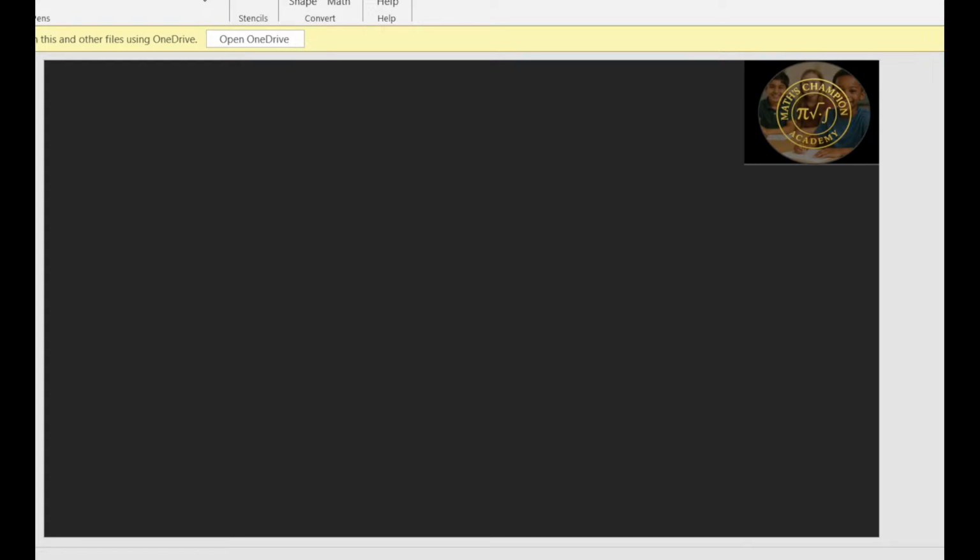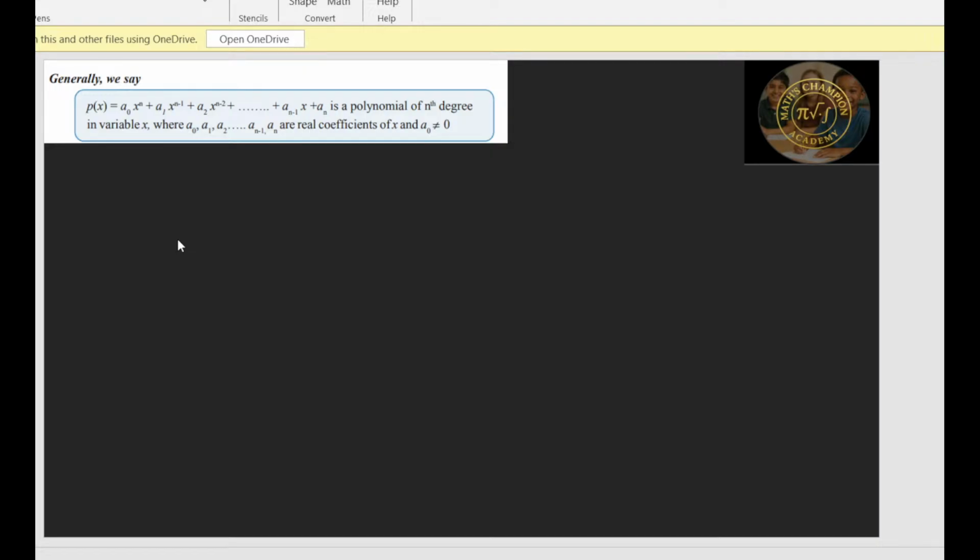Here look at the general form for a polynomial.